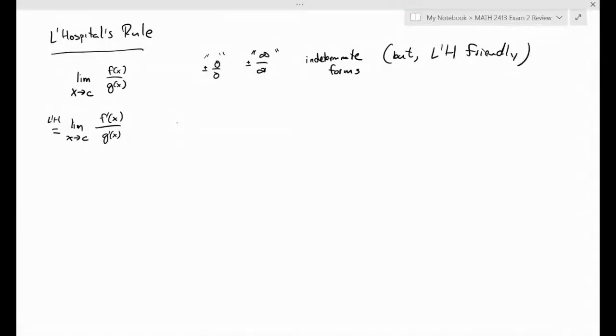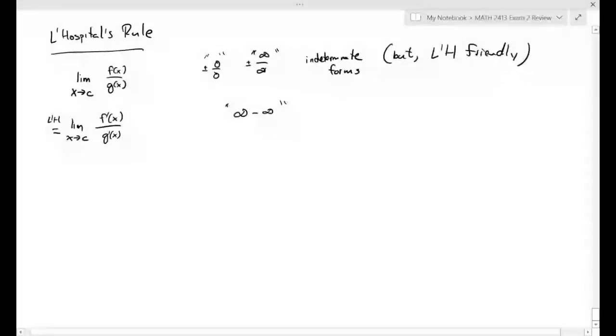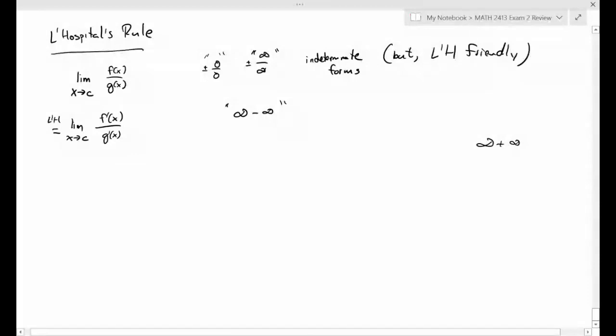What are some other indeterminate forms? You get infinity minus infinity, which sometimes can be turned into a L'Hopital's rule problem. Is infinity plus infinity indeterminate? If you take 2 oceans and put them together, you still have a big ocean.